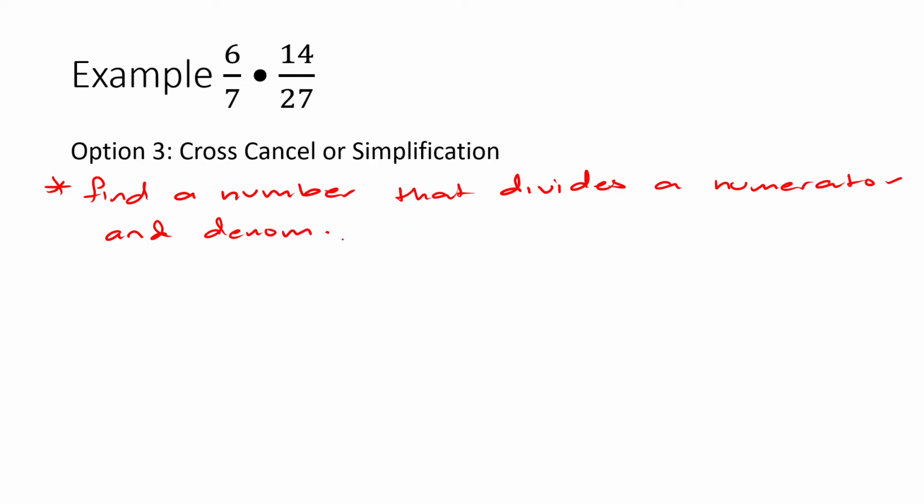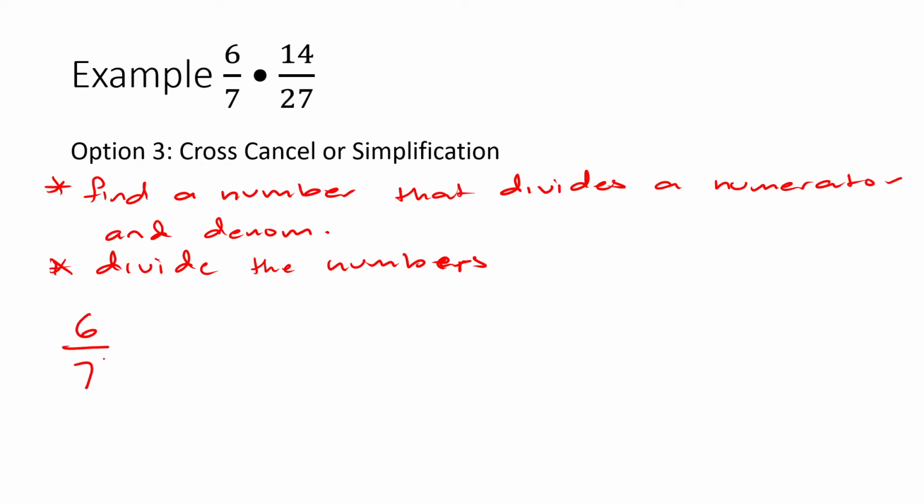In other words, a common factor, okay? And then step 2 is divide the numbers. So first, you find a number that divides a numerator and the denominator. Second step is you divide those numbers, okay? And then third step, we multiply.